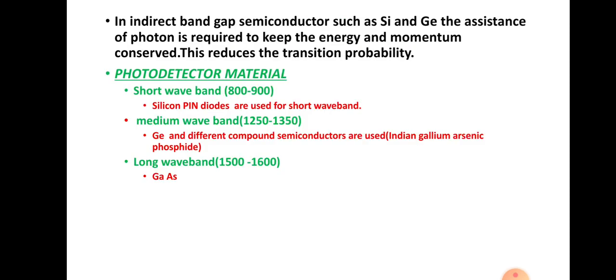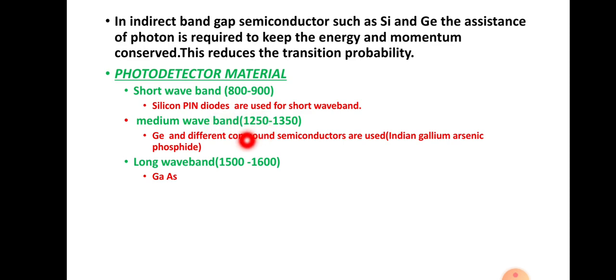Next is the photodetector materials. Based on the application, or based on the wavelength of the incident light, there are different photodetector materials. For the short wave band, where the wavelength will be 800 to 900 nanometers, silicon PIN diodes are used.